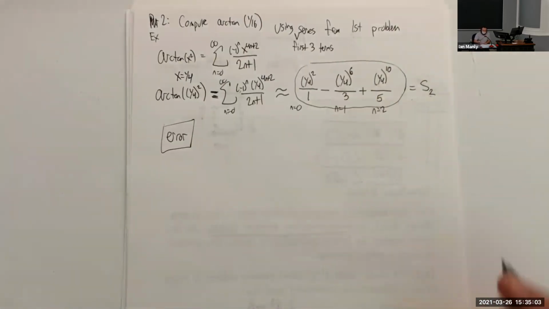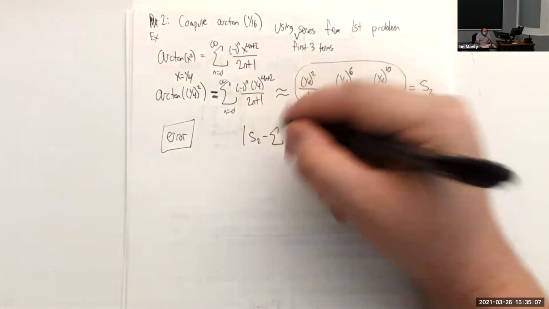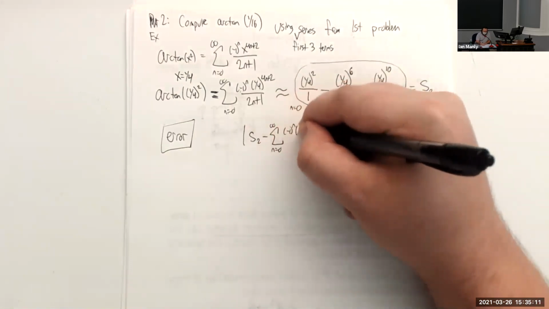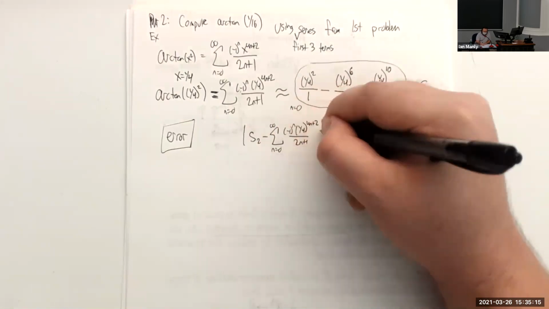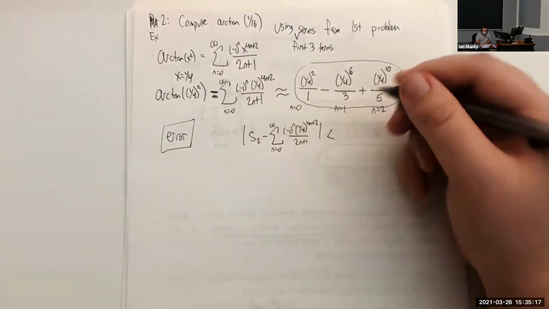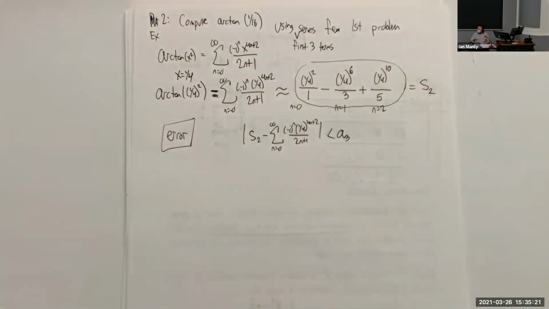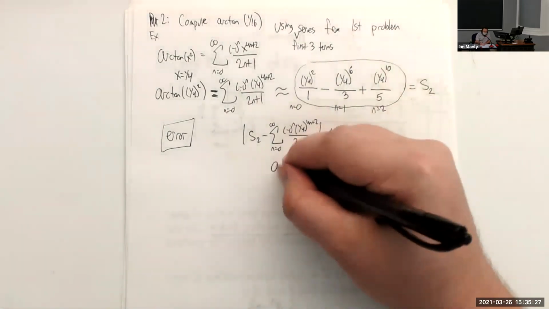All right. So remember, the error between S2 and the true sum of our series, which is this, has got to be less than A3, according to the alternating series remainder estimate. All right, so what's A3 here? Well, we got A2.